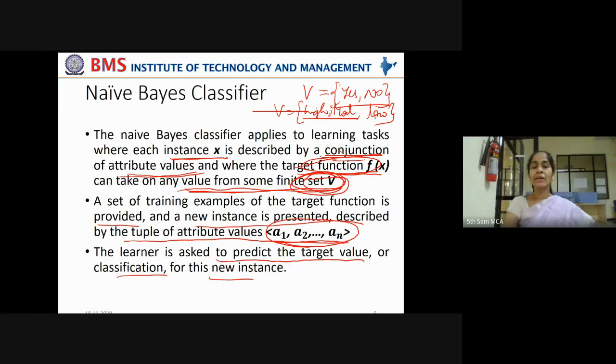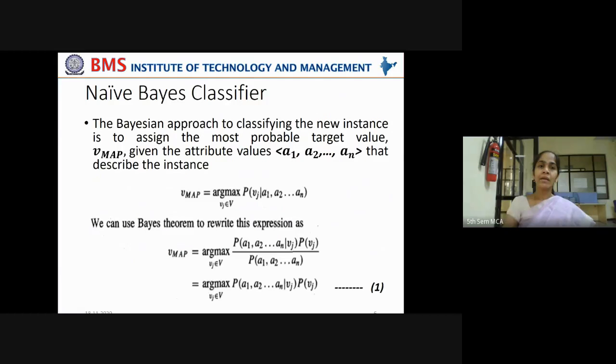Given the attribute values of some new instance that the learner might not have seen till then, the new data point is passed on to the learner now, and it has to predict whether the outcome is yes or no, or whether the outcome is a specific value. Now, the Bayesian approach to classifying the new instance is to assign the most probable target value, right?